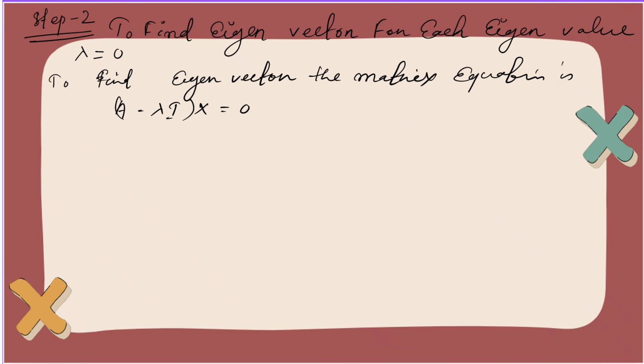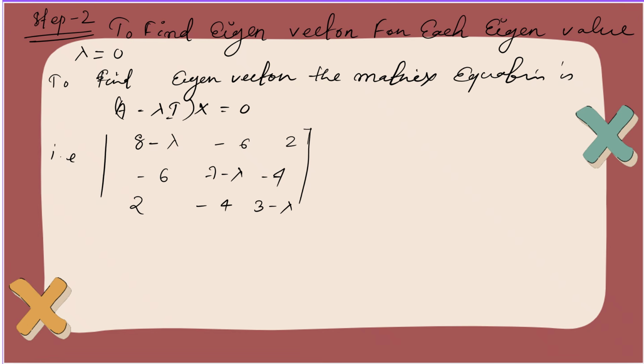Let's start. In the previous step we know that A minus lambda I is 8 minus lambda, minus 6, 2; minus 6, 7 minus lambda, minus 4; 2, minus 4, 3 minus lambda.